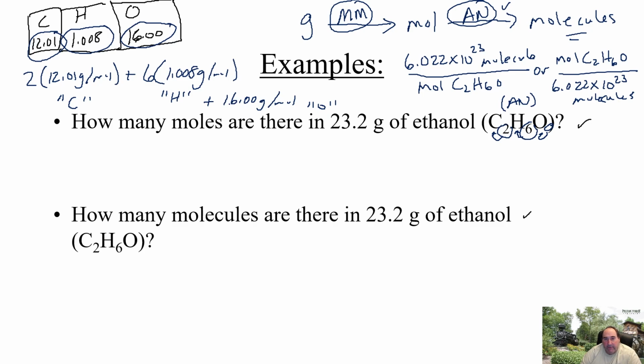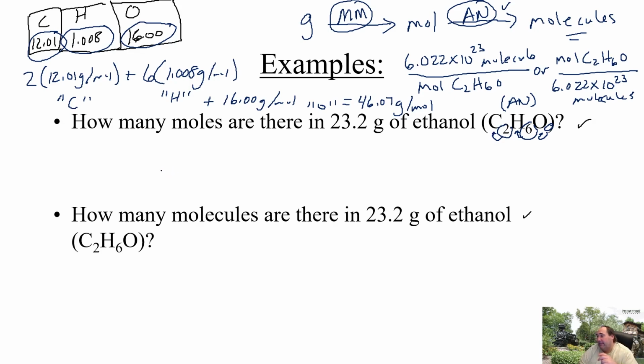So we're going to take 2 times 12.01. We're going to add it to 6 times 1.008. Going to add us a lucky 16 there. We can go 46.07. Once again, that number is 46.07 grams per mole. And that is the molar mass of our ethanol.